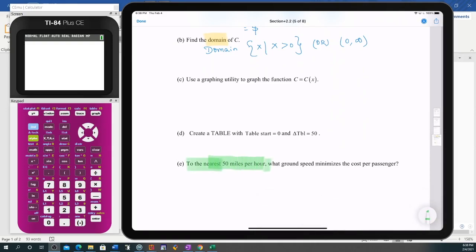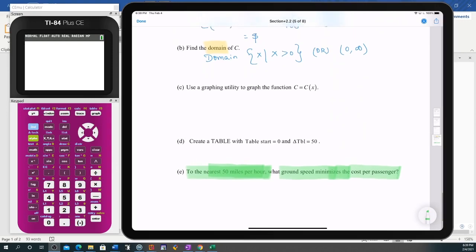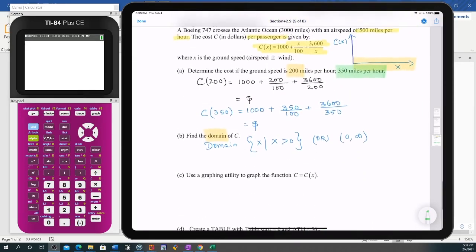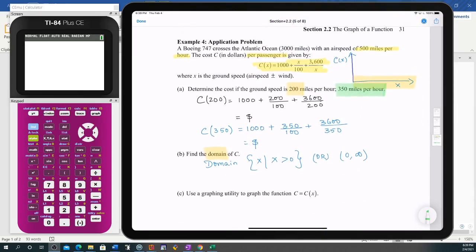To the nearest speed 50 miles per hour, what ground speed minimizes the cost per passenger? So technically what it's asking is, from the graph, it's asking you to find, if there is a minimum point, what is the minimum x value for y to be minimum.